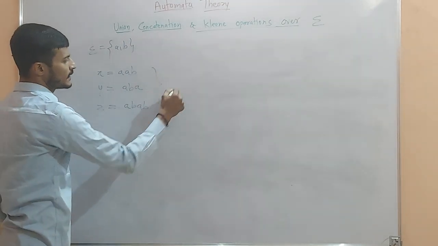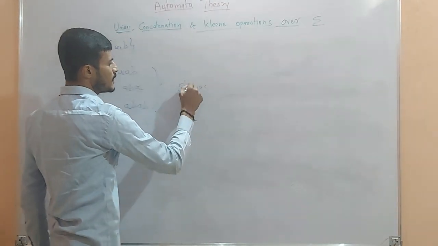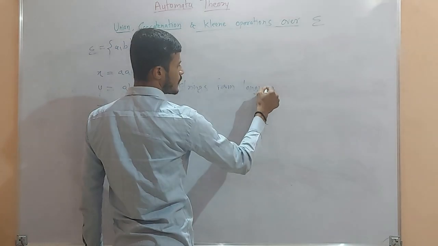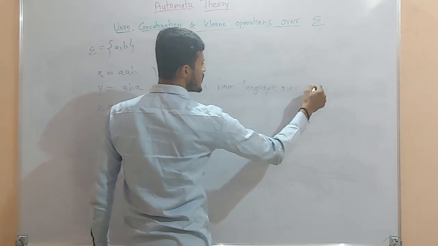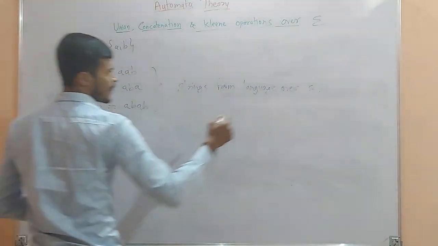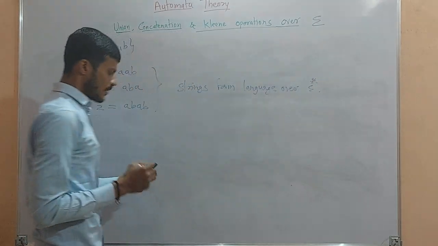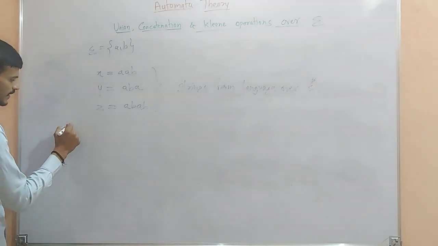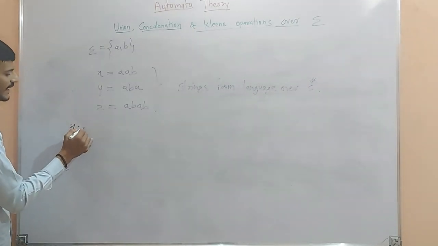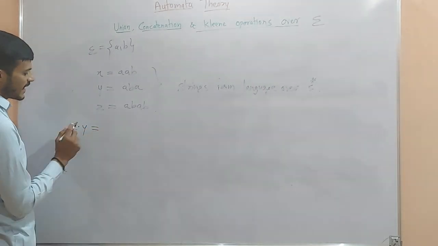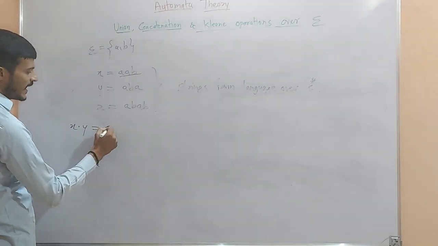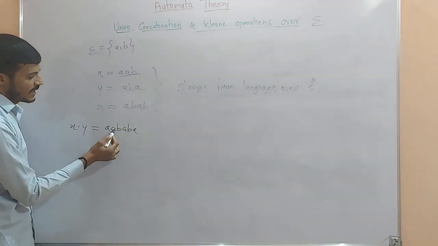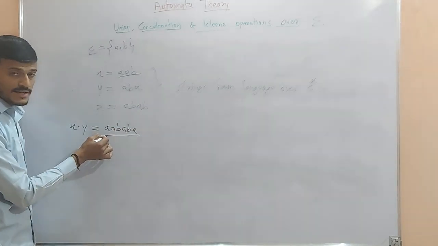So these are some strings from the language over summation. If I go for x concatenate y, then what will be the result here? X concatenate y will be AAB and ABA, AABABA. So that will be the result.